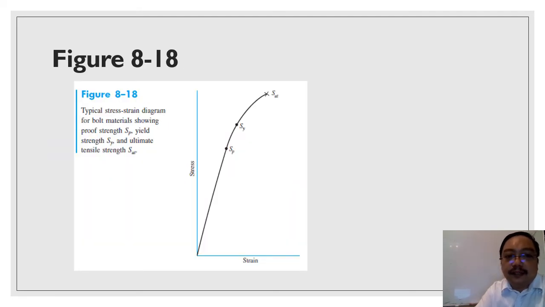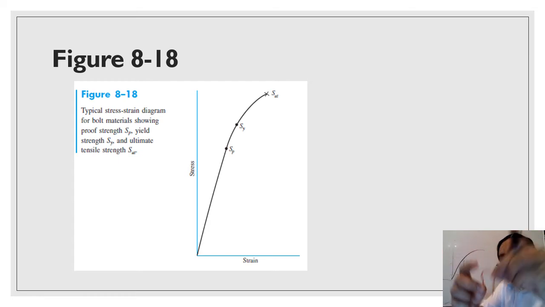This is figure 8.18, the typical stress strain diagram for bolt materials, showing proof strength SP, yield strength SY, and ultimate strength. You remember from your study in year 1 that you studied the stress strain diagram. This is the elastic part, meaning the part can come back to its original position, like this rubber band. I pull it and it goes back to its original position.